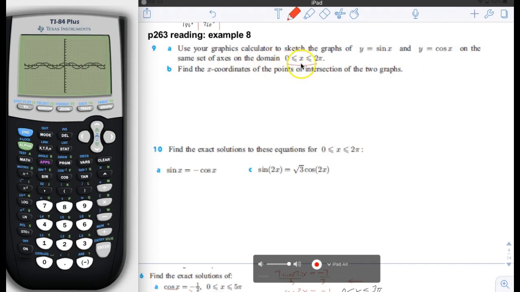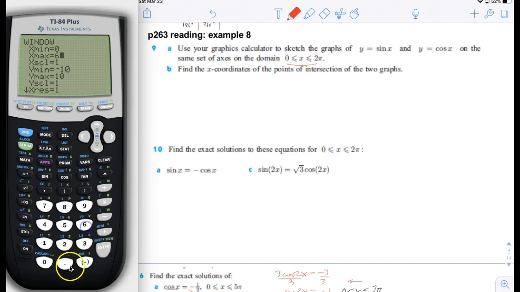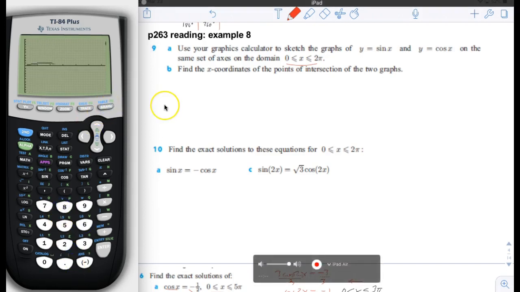And the domain is 0 to 2 pi. Okay, so if we want the domain 0 to 2 pi, we'll put x min equals 0 and x max equals 6.28 because that's 2 pi. Okay, maybe we should change the y-axis too. Find the x-coordinate of the points of intersection of the two graphs.